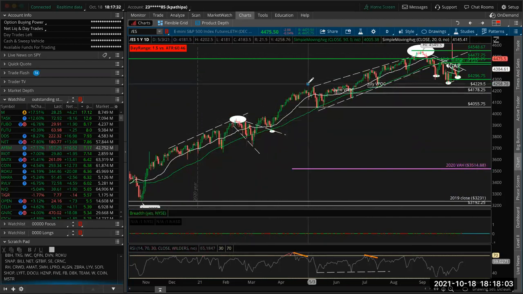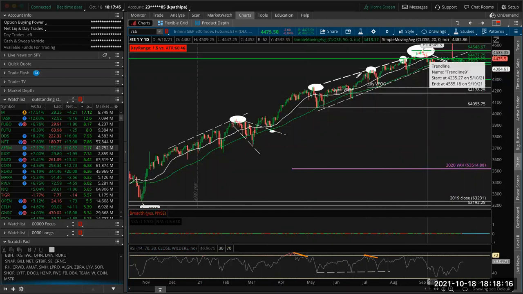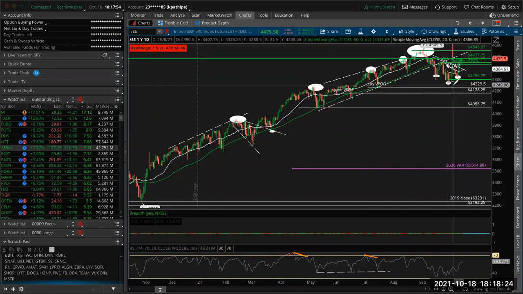Every time it makes a high, the distance when it starts to reduce, or the distance between them gets reduced every time it makes a new high, it means then it is slowing down, right? Yes, and that's the end of the move higher. That is the end of the move higher.